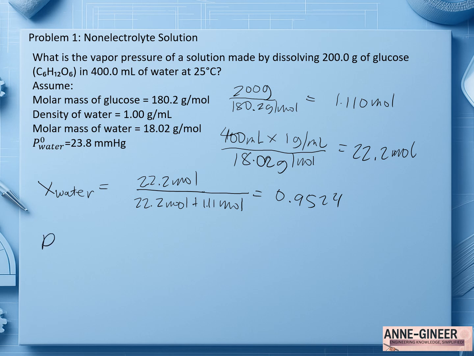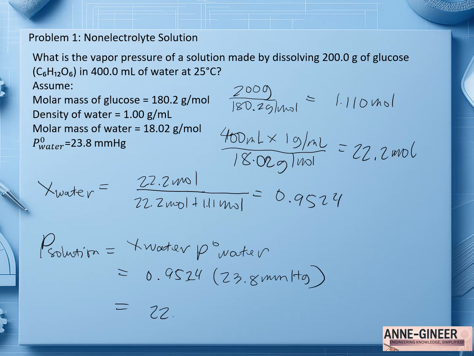The pressure of the solution is equal to X of water times P naught of water. So this is 0.9524 times 23.8 mmHg. So we have 22.66 mmHg.